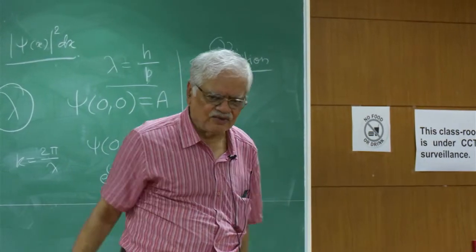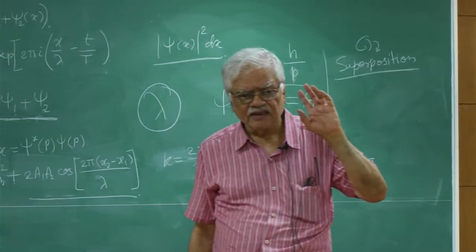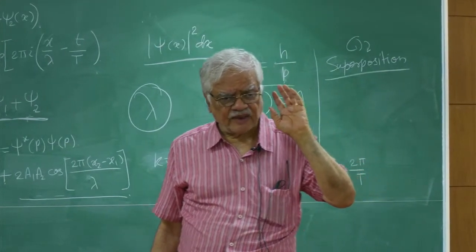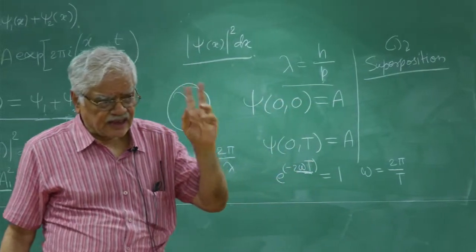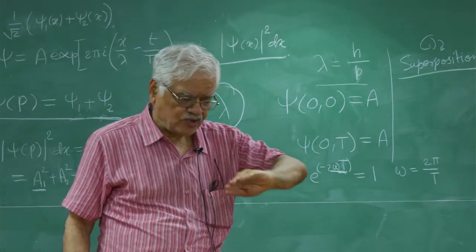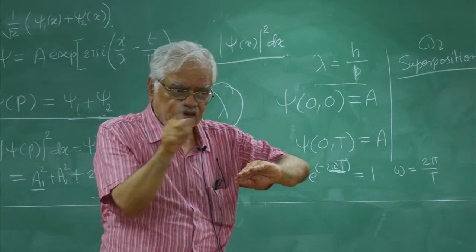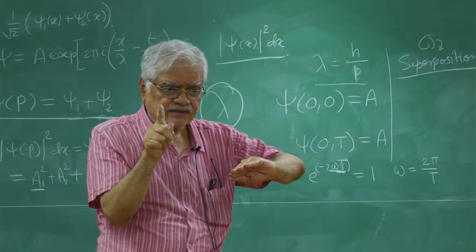Let me take it as zero. But now when I use the alternatives separately, when I close S2, I have only one alternative: the electron has to go through S1.